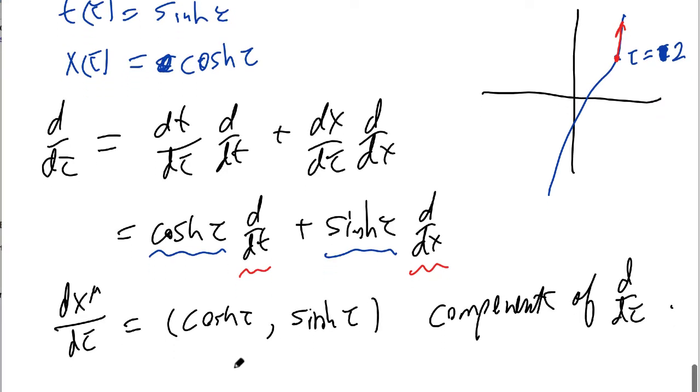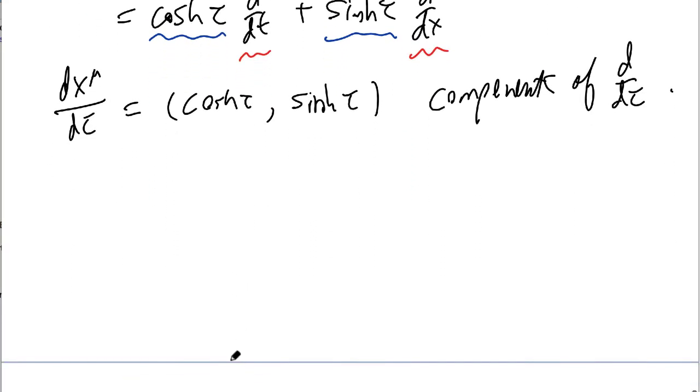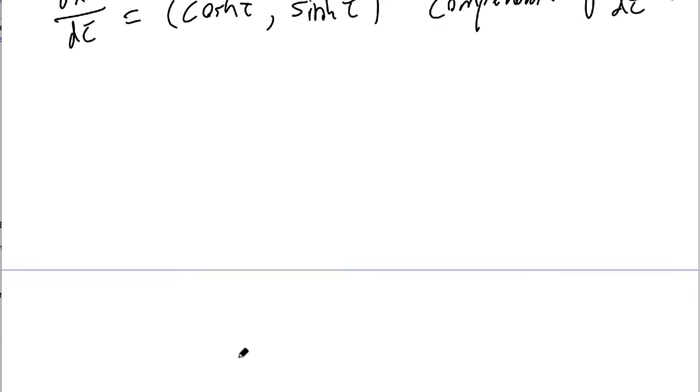Now let's consider the extension of this definition of the velocity vector as a directional derivative operator to all vectors. So let V denote a vector. So it's an operator that acts on functions.